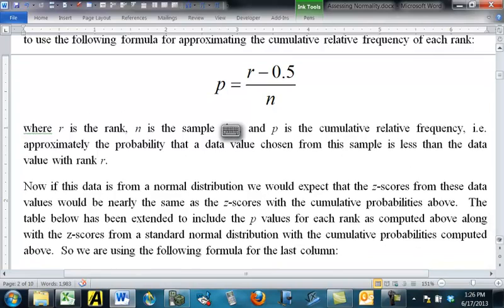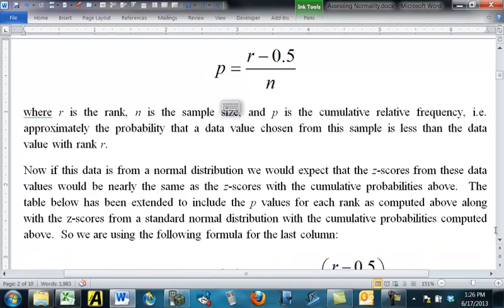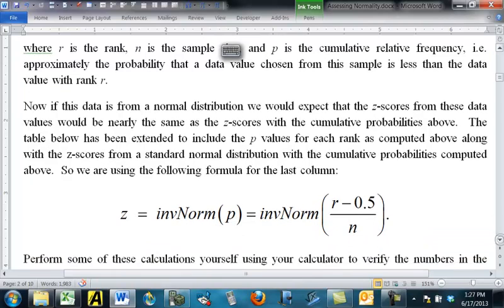So now what we want to do is we want to say, well, if it was that probability, what would be the z-score of a number from that probability if it was from a normal distribution? Okay, so what we want to do is an inverse normal of that probability. And that'll come up with a z-score from a standard normal. So that's just an inverse norm of p.